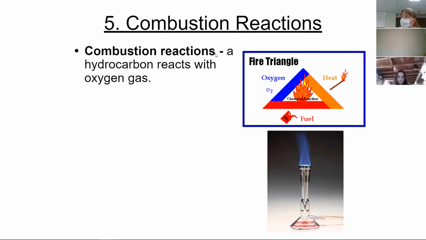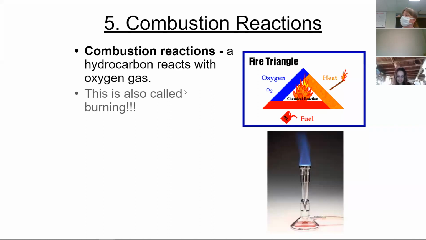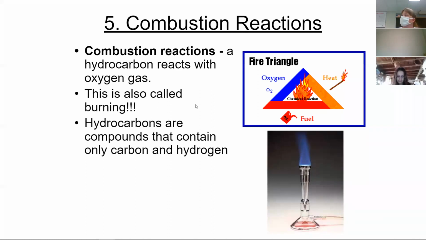So in a combustion reaction, something called a hydrocarbon, which we'll define in a moment, reacts with oxygen gas. Hydrocarbons are a fancy name for compounds that contain carbon and hydrogen. Wood, which you burn, actually contains carbon and hydrogen. You just don't normally know what the chemical formula is.